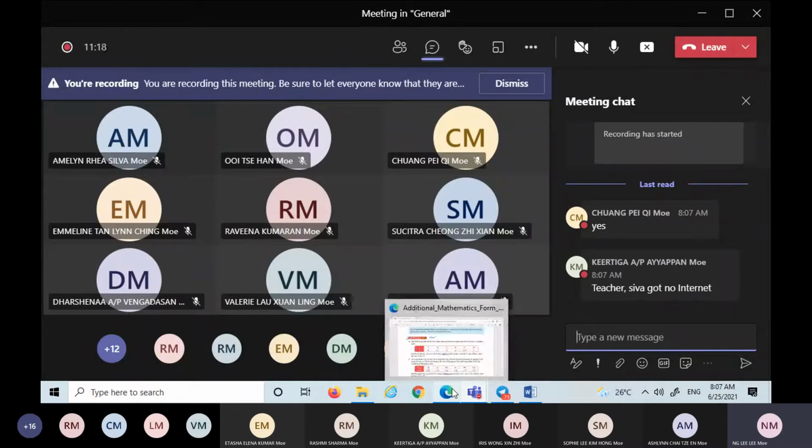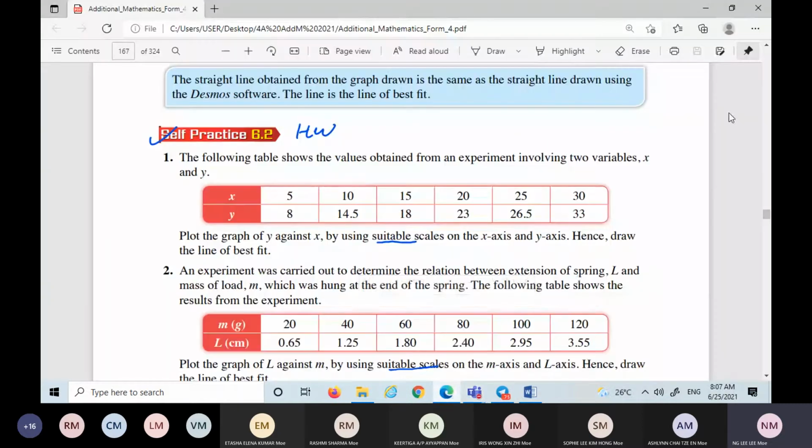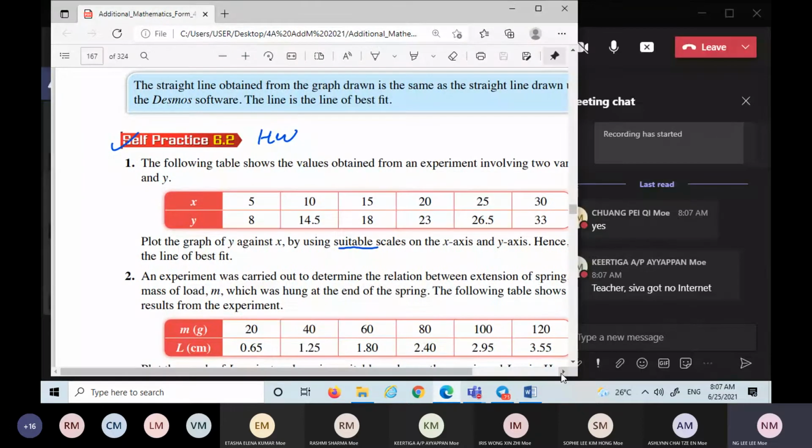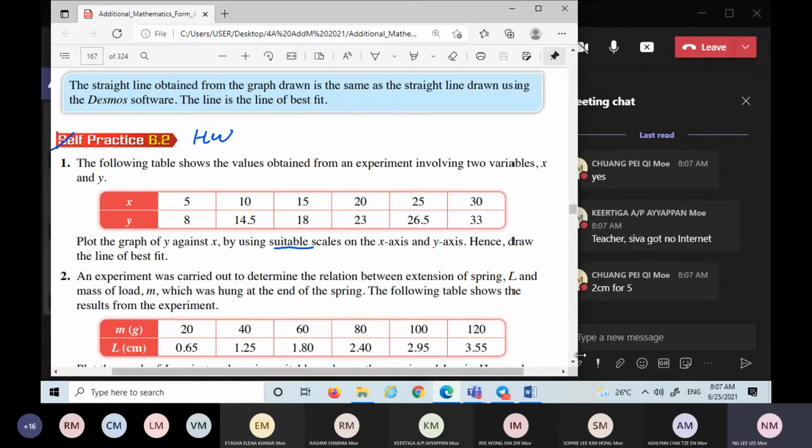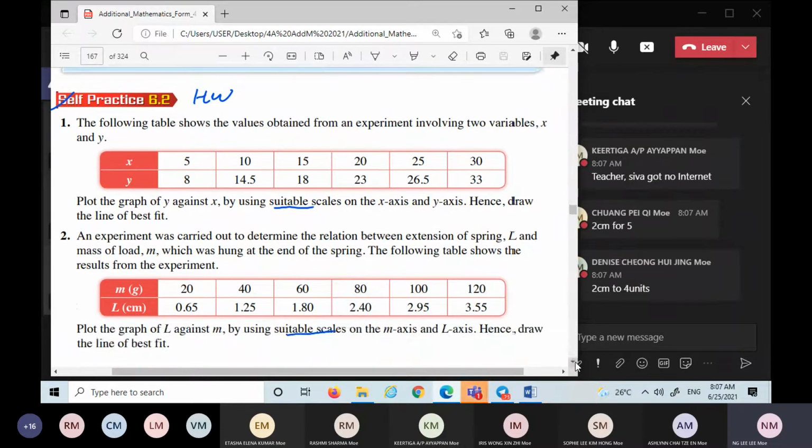Okay, go back to these questions, Peichi. This is yesterday's homework, 6.2, number 1. I want to know what skill you are using for the x-axis. Denise, you do the y-axis. Then Dashina, you do number 2, the m-axis.